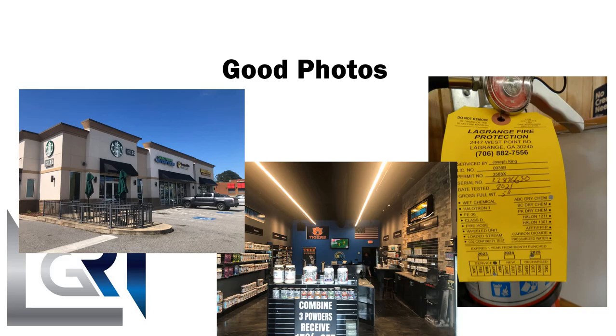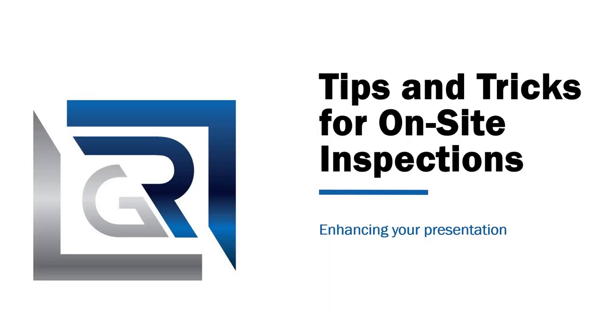But the point, needless to say, is that in low light, you're going to have to be still and have your flash on and check your photos once you've taken them. Okay, so that's the whole point of this. You see good photos versus bad photos, and enough said about that.